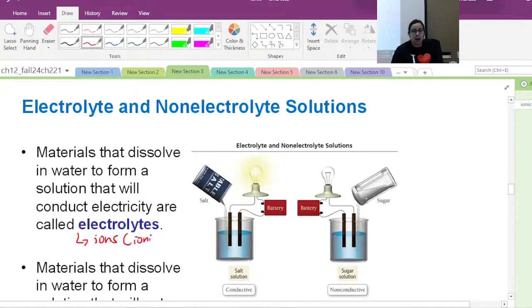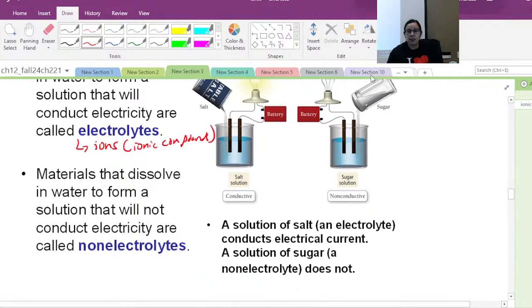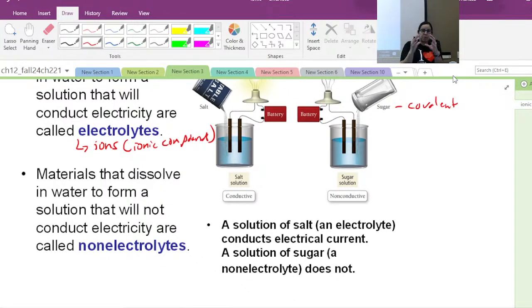Again, generally ionic compounds, but we'll talk about the other situation. And so we'll compare this to sugar. We mentioned we can force sugar into water better if we heat it up, but it still kind of goes in. But we mentioned that sugar was covalent, aka it's going to stay as one big discrete molecule, and so we'll find that it does not conduct electricity.